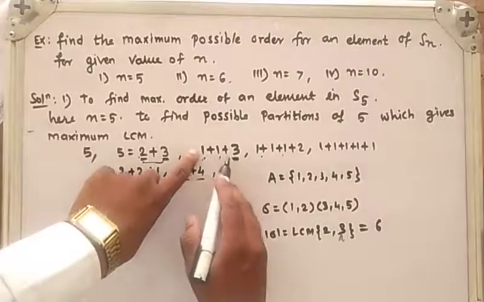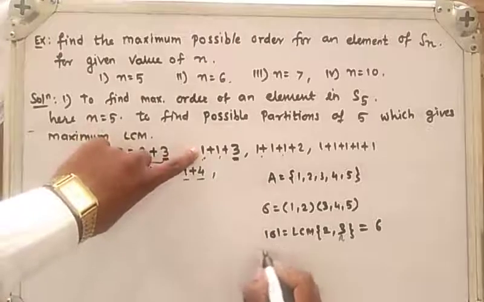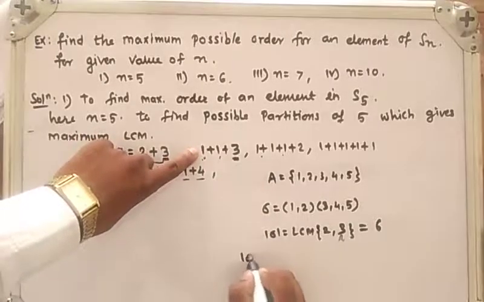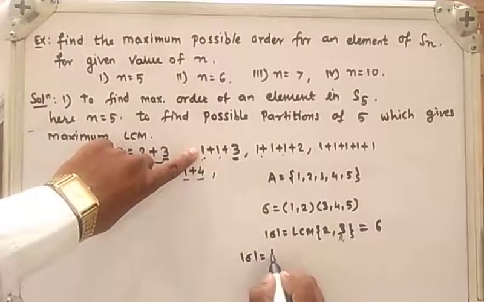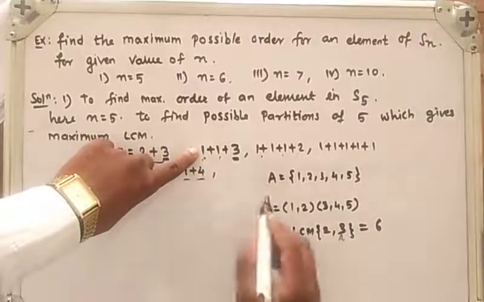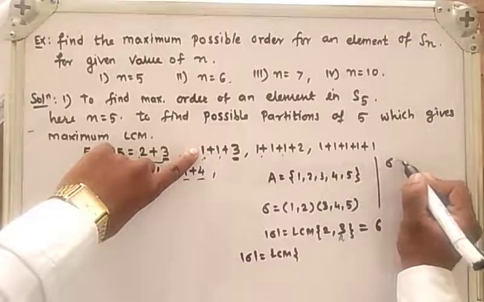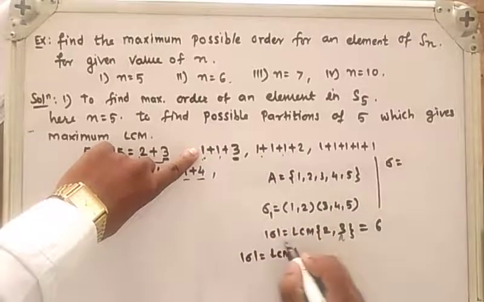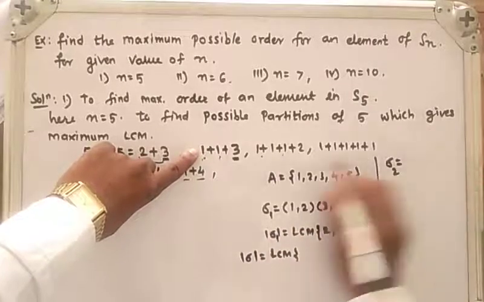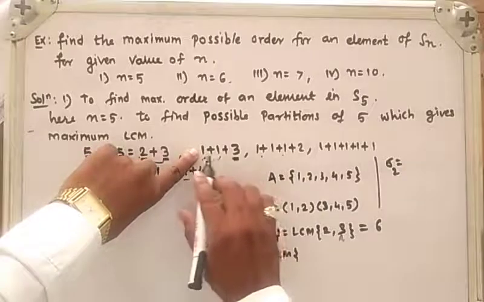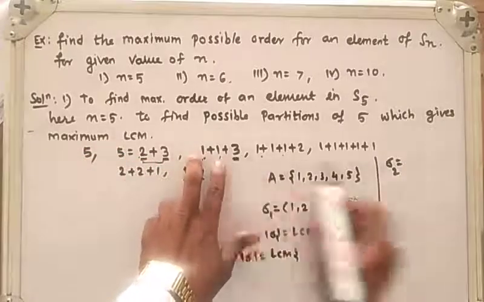If I take 1, 1, 3, then what will be the LCM? For that, I will write sigma in cycle form, as sigma 1 and sigma 2. This is a single cycle, meaning 2 cycles having length 1.